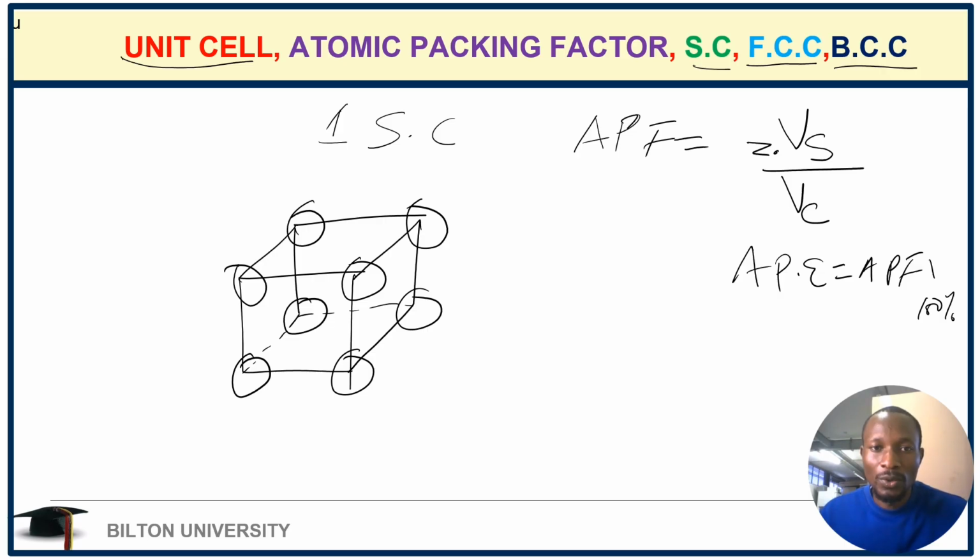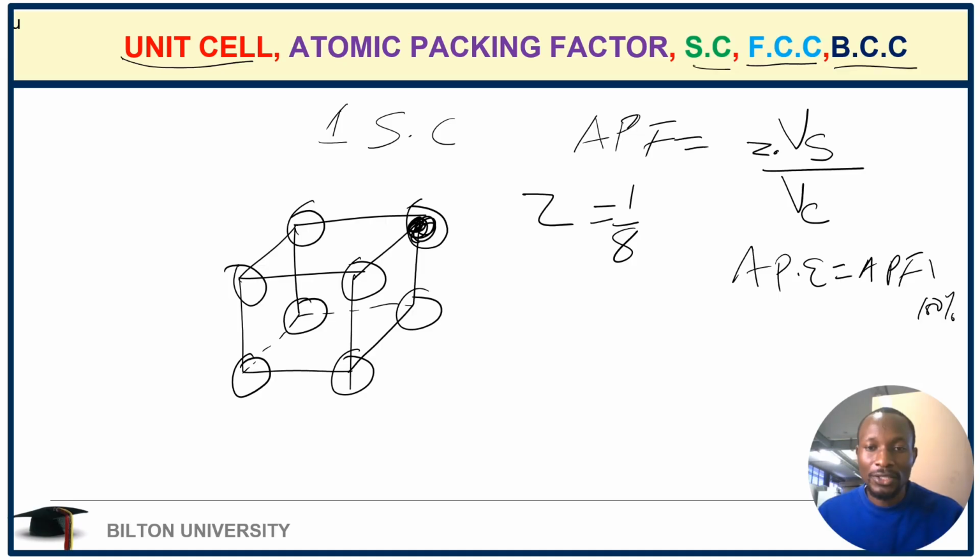Now we are going to look at this Z. The Z gives us the number of effective atoms, and the number of effective atoms can be determined by looking at the number of atoms that are contributed by the corner atoms. The corner atoms each contribute 1/8 of an atom to the cube.